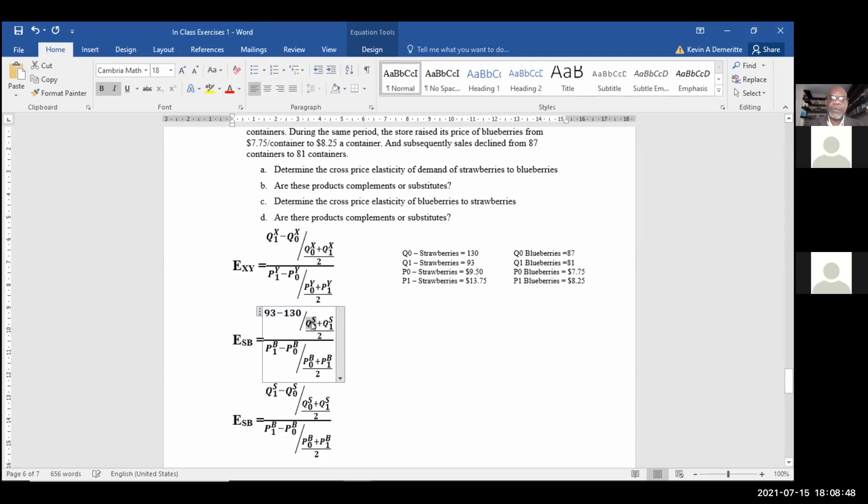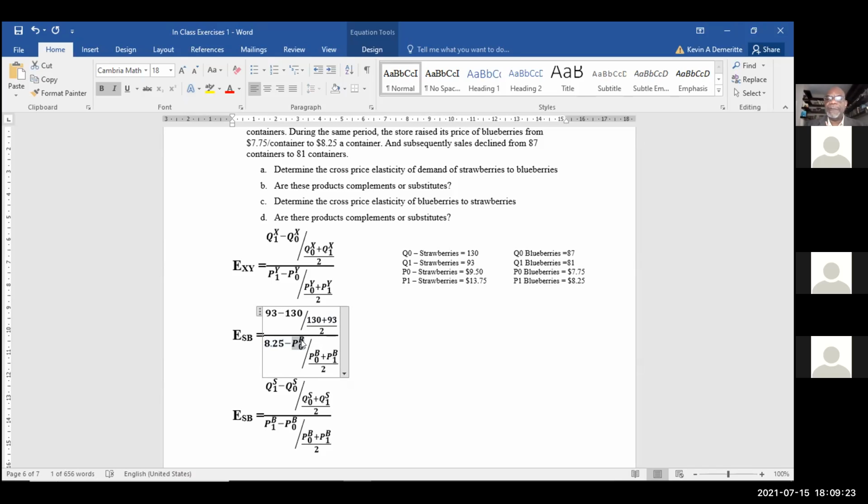Then the price: new price for blueberries is $8.25, picking up from the column over to your right, and original price of blueberries was $7.75.